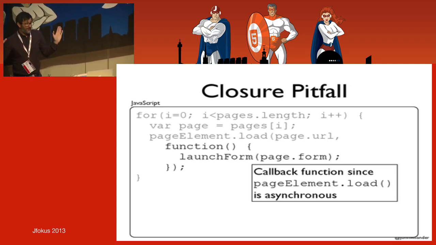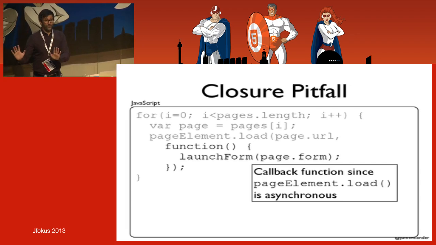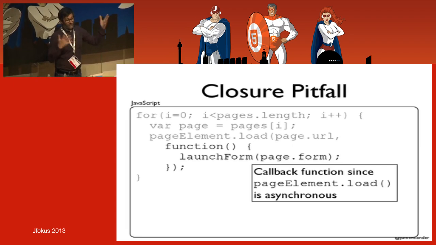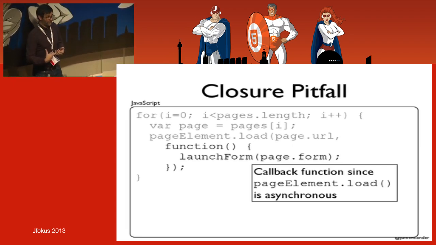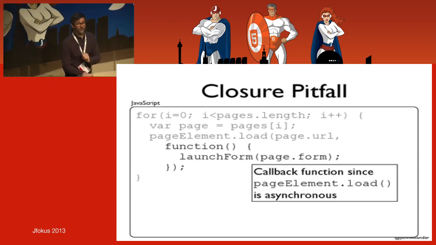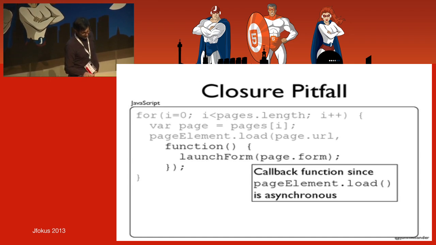It will leave the thread until it's done loading that. And therefore, you send in a callback function to say, when you're done loading that page element, do this. And in this case, launch a form and use that page element that you got back. So you see callback functions in asynchronous JavaScript.